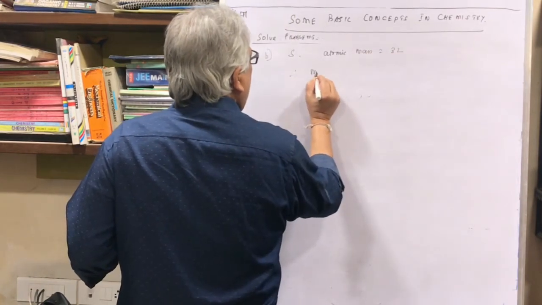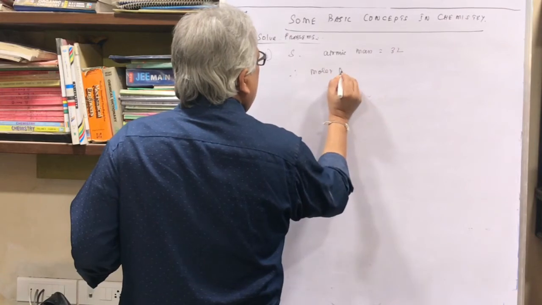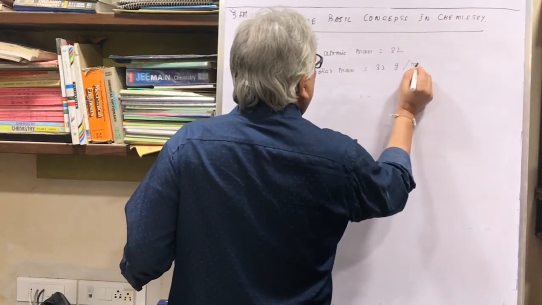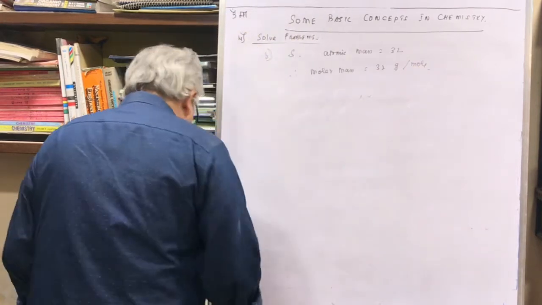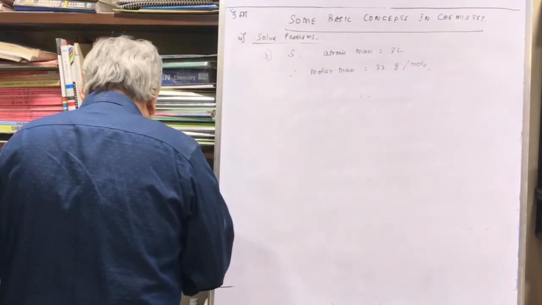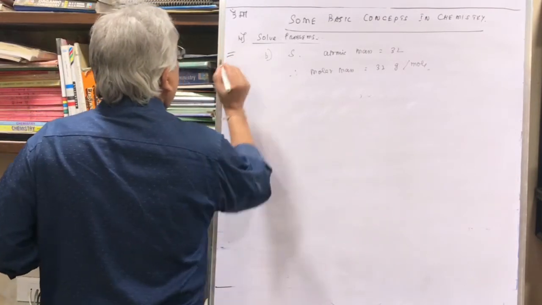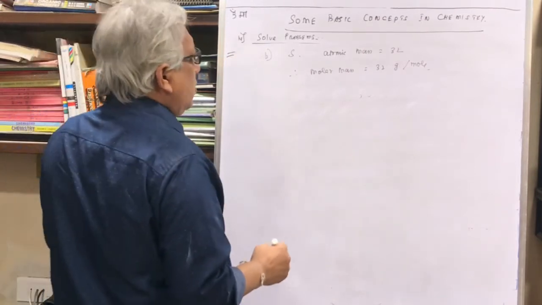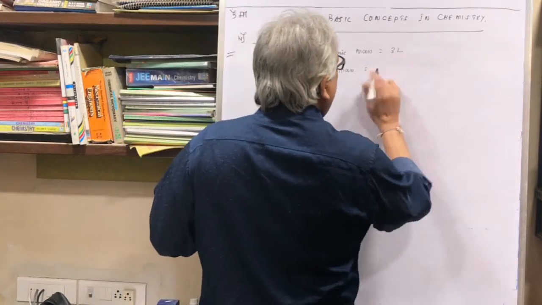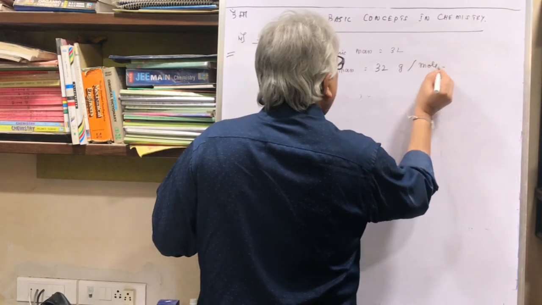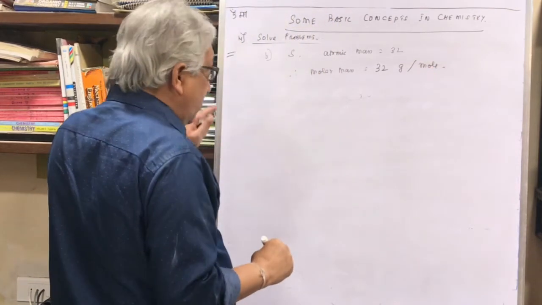Therefore, molar mass is 32 gram per mole. I will change the pen because it is not writing properly. Let me see if it is writing properly. Yes. So 32 gram per mole.